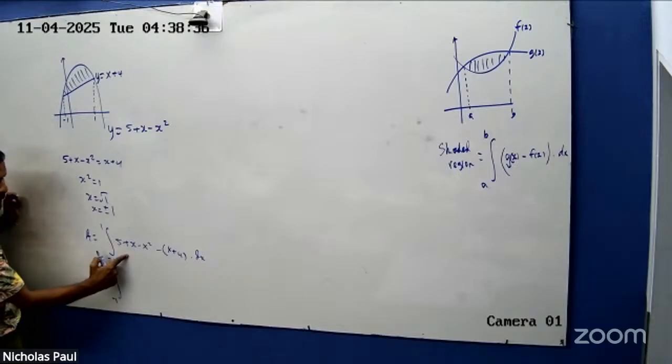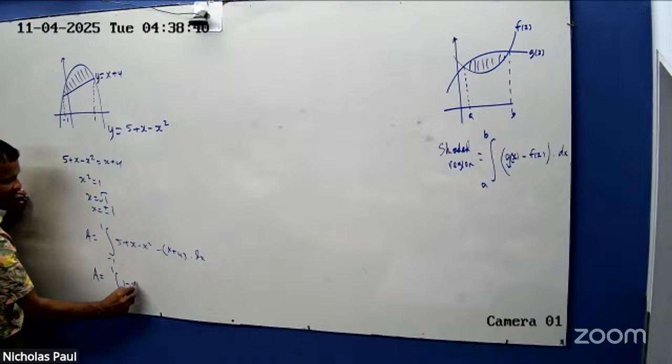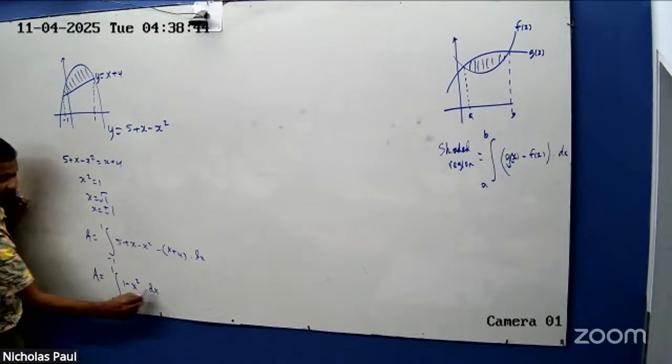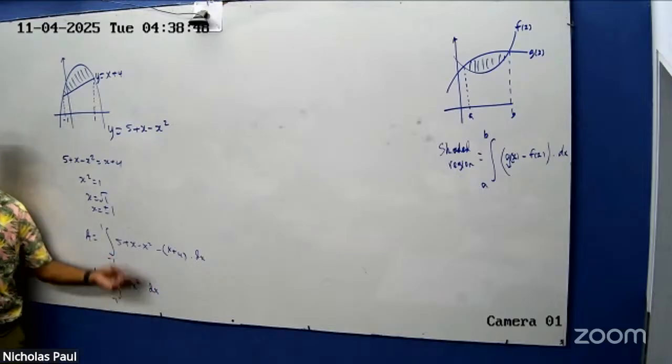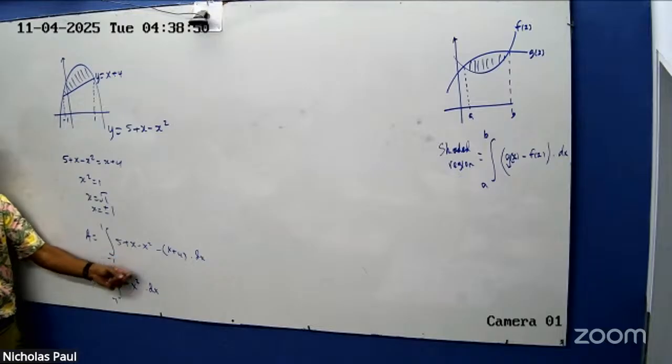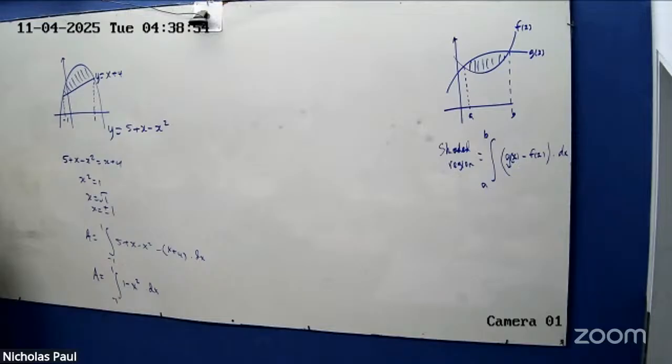Right? What happened here already? The x cancel, right? So I got 1 minus x squared. See how much easier it gets? You see how much easier the integral gets when you use this rule? You're almost done.